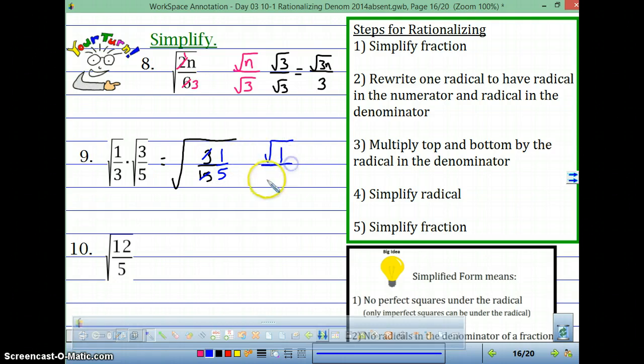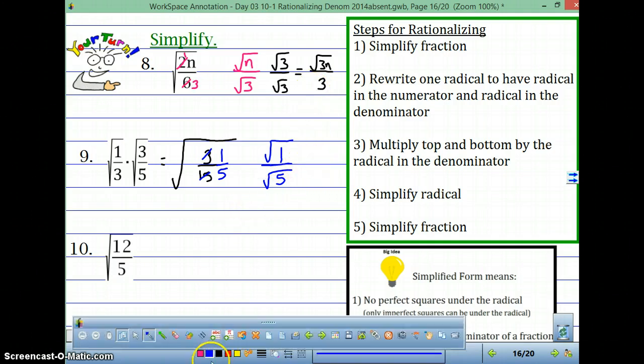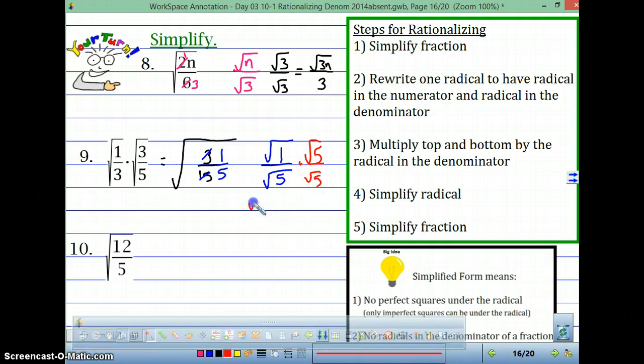Square root of 1 over square root of 5. We're going to have to rationalize that denominator. Okay, we're going to multiply by 1, written like this. Square root of 5 over square root of 5. What do we end up with? Square root of 5 over 5.